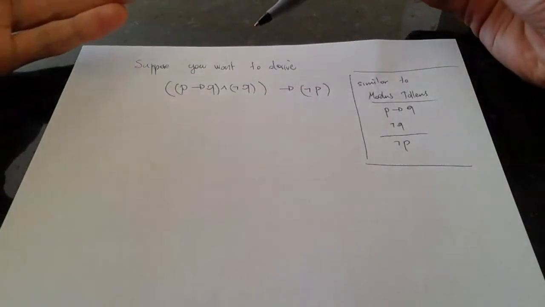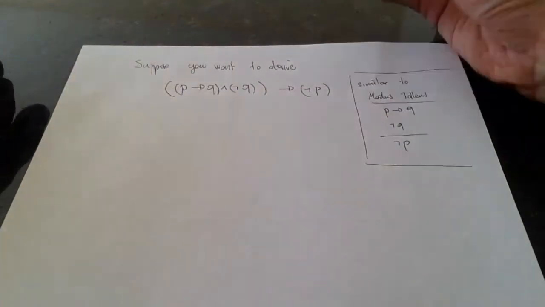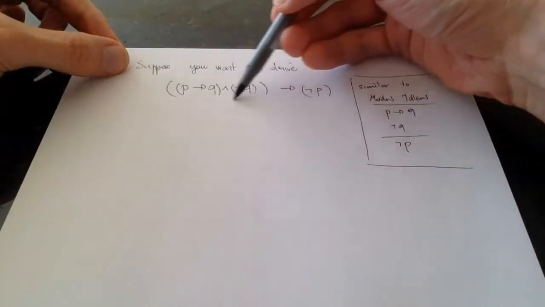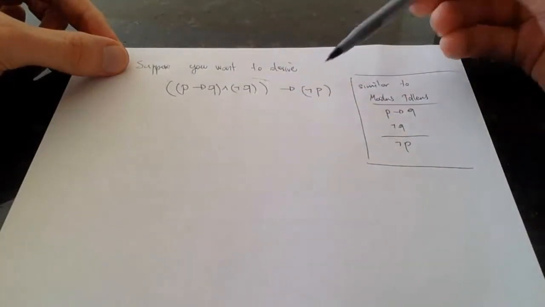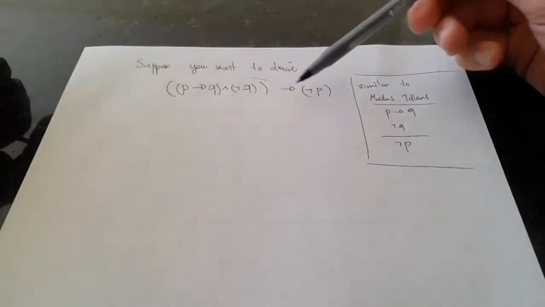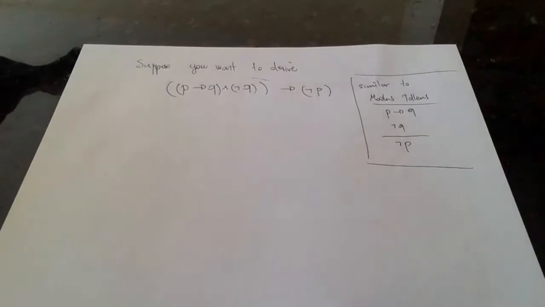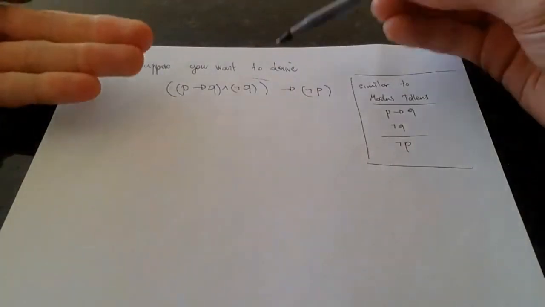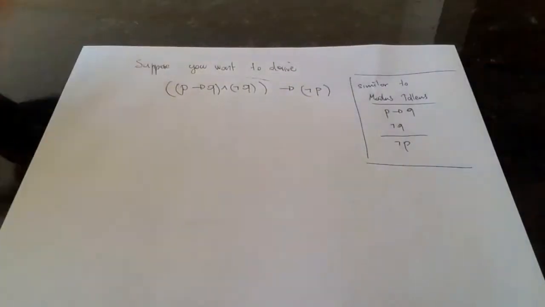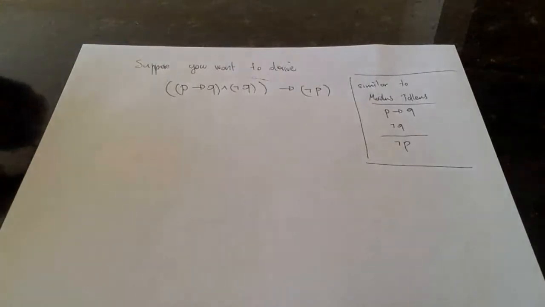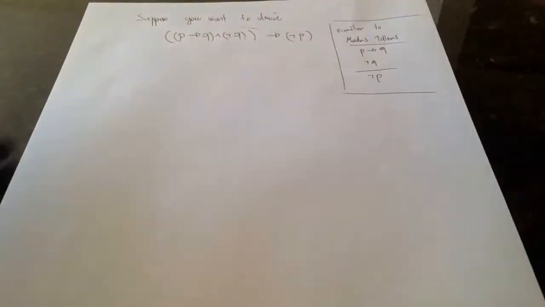Since it is an implication, it has an antecedent, so this whole part here is the antecedent, and then there is the consequent, which is on the right-hand side of the arrow. Anytime we need to derive an implication, we assume the antecedent and we try to derive the consequent. So let me write the formula here at the bottom.